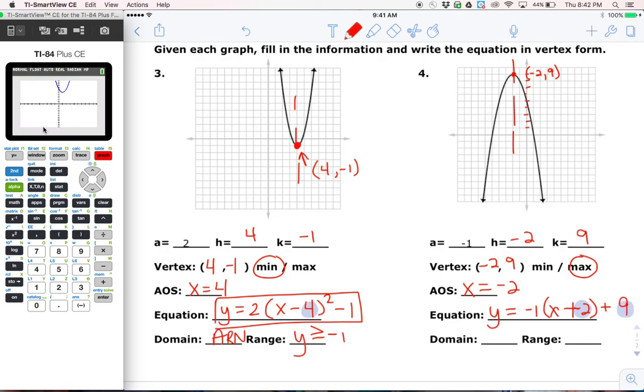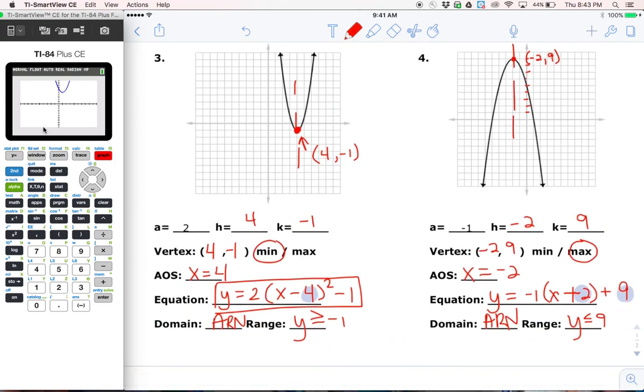Notice again for the last time, we look at a plus 2 in the equation, but our h value was -2, right? That's supposed to happen. Your equation will have the opposite sign because of the formula. My domain is all real numbers, and my range, let's see here, the highest point is 9 and everything else goes down. So we're going to say all the y values are less than or equal to 9.